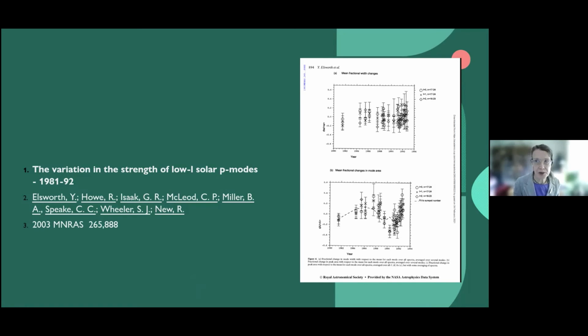The first time we tried doing this with BiSON data, we could see a very clear anti-correlation with solar activity for the amplitude of the modes, but really couldn't see much at all in the line widths. And the line widths are the more difficult thing to measure, particularly with somewhat sparse ground-based measurements.